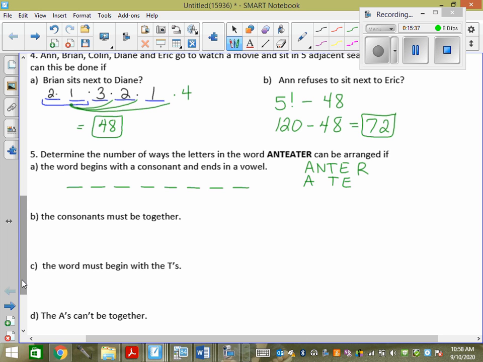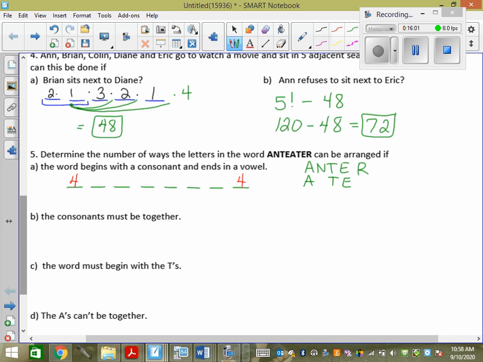How many consonants does it have? I think it's 4. 4 consonants. A, and E, E. 3, 4, 5, 6, 7, 8. Yeah, 4 consonants. N, T, T, and R. And then 4 vowels. Right?